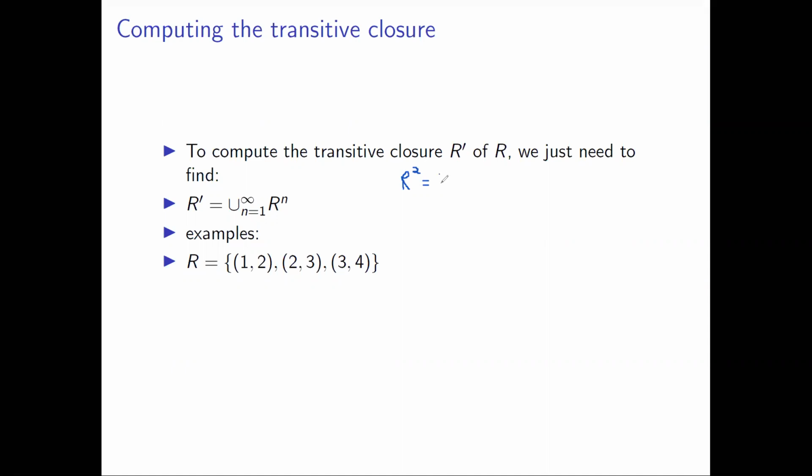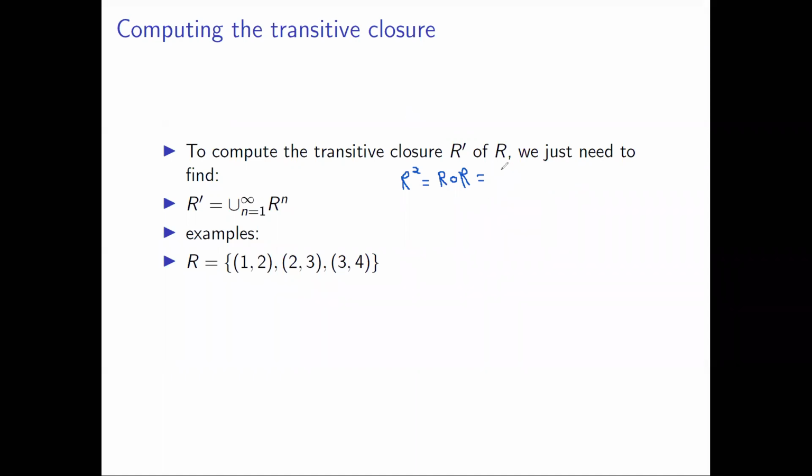So r squared is r composed with r. So I'll write the ordered pairs out so we can, well, I guess we did that on the last slide, so I don't need to write that out. I'll write it out for the next calculation.